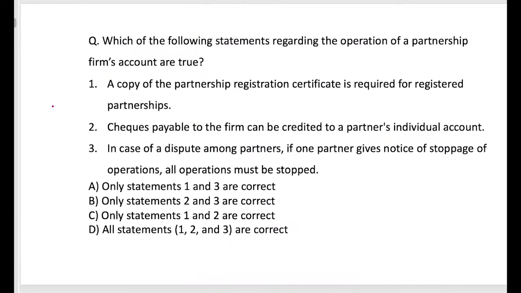Next one, which of the following statements regarding the operation of a partnership firm. When two or more people enter into a partnership to start some joint business or to share the profit and all, that is a partnership.